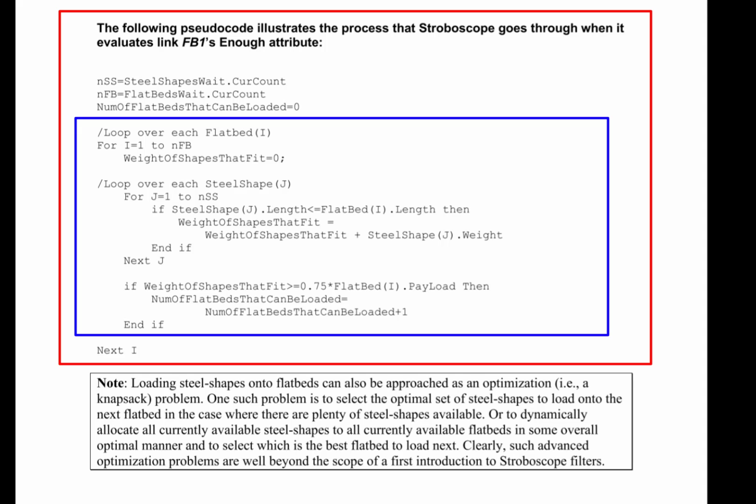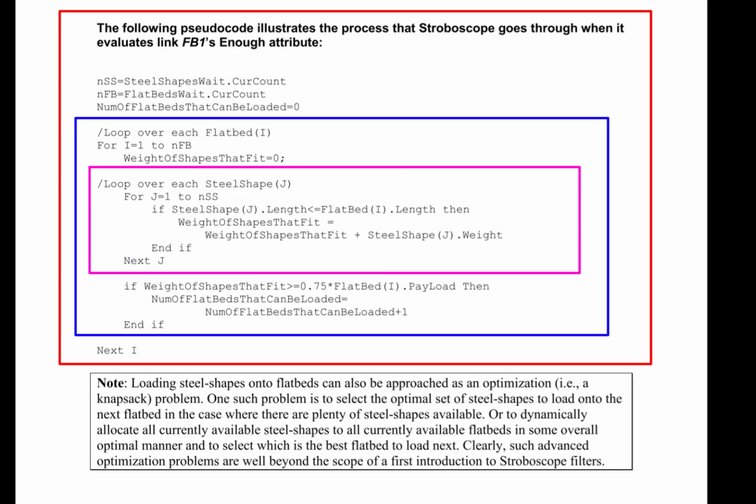The outer loop loops over the available FlatBeds, and for each FlatBed, the inner loop loops over all the SteelShapes to see if the weight of all the SteelShapes that fit inside the FlatBed have a weight that is between 75% and 100% of the FlatBed's payload. If that is so, then the FlatBed is added to the subset of FlatBeds that can be loaded.